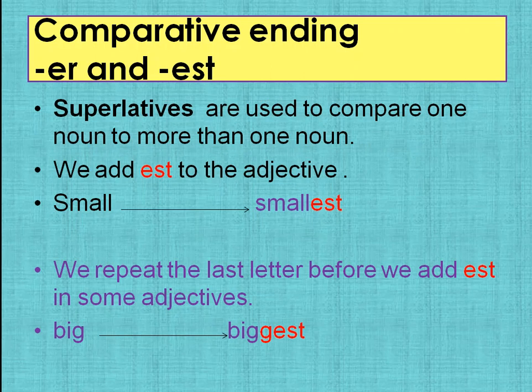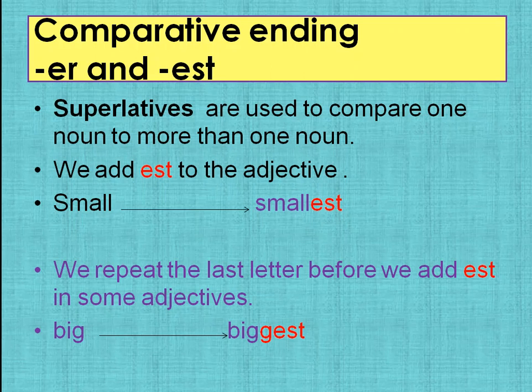What is a superlative, mister? Superlatives are used to compare one noun to more than one noun. Not one to one. No, one to all. For example, I can say Abdulaziz is the tallest one in the class. No one is taller than Abdulaziz.